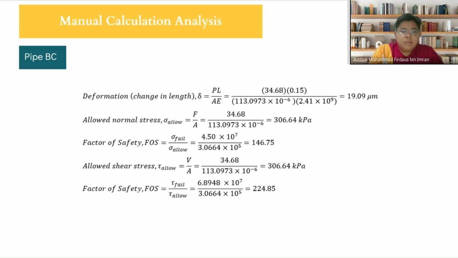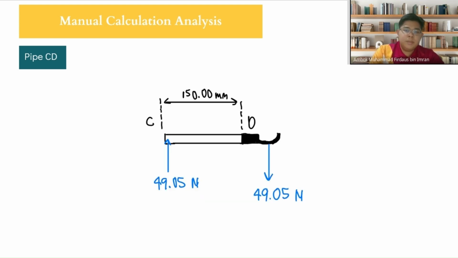The factor of safety for normal stress is 146.75, and the allowed shear stress is similar to the allowed normal stress, since it's a 45 degree angle, so it is natural for it to be similar. However, the factor of safety is different, as we initialized the allowed limit for the shear stress as 6.8948 times 10 to the power of 7 Pascal. So the factor of safety for shear stress turns out to be 224.85.